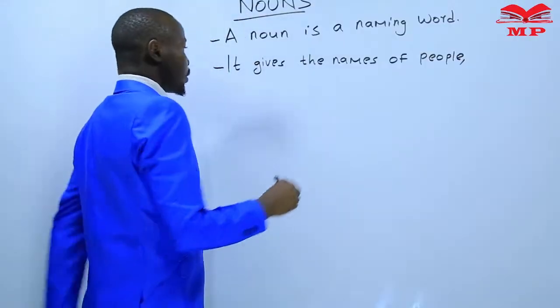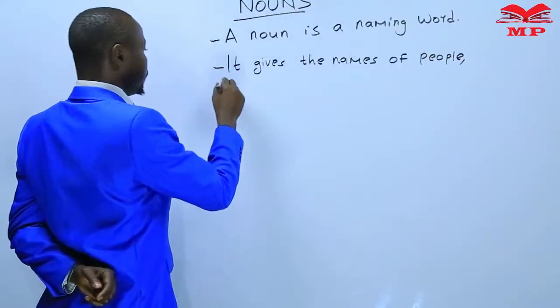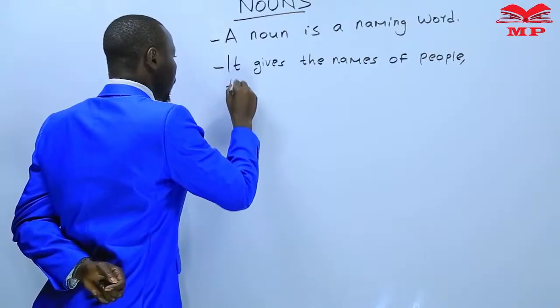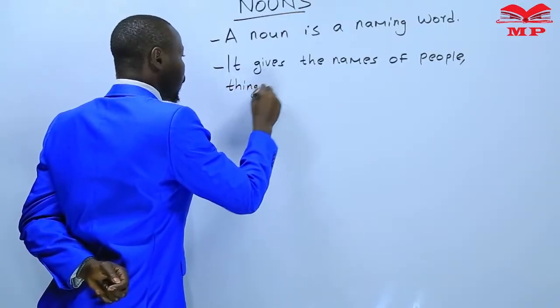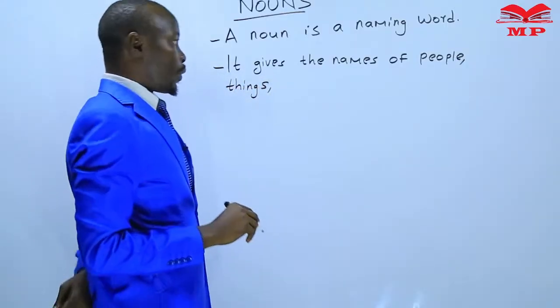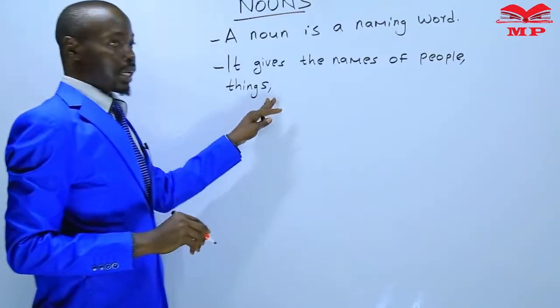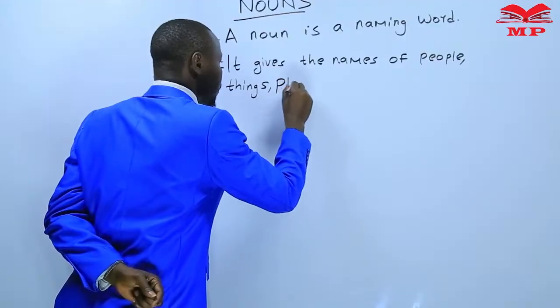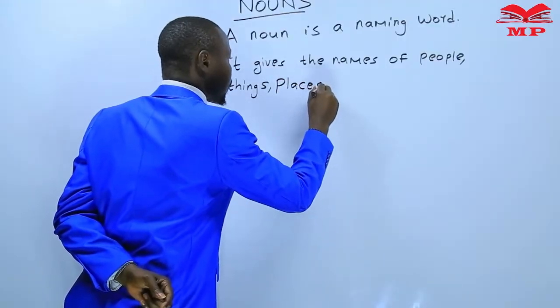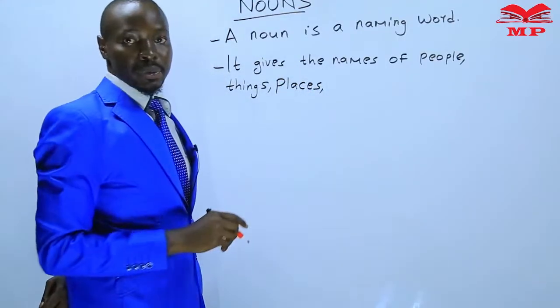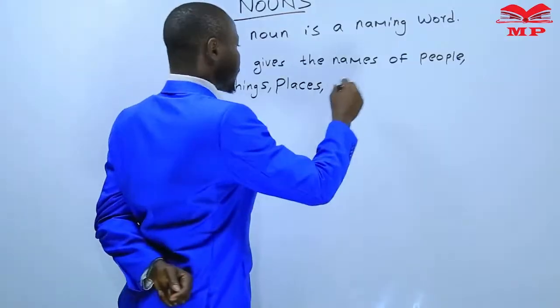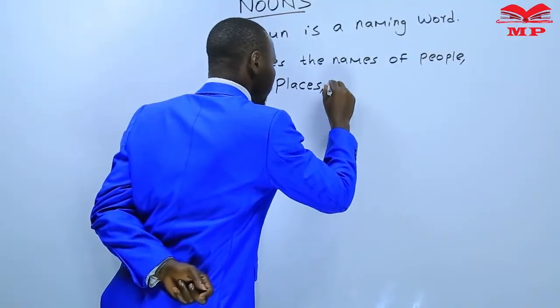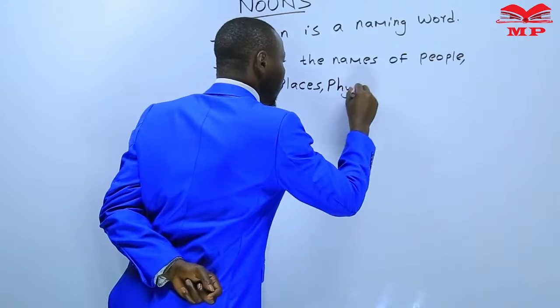After people, a noun can as well be used to name things. Once you've given the names of things, we can also be able to give the names of different places. So we have places. Apart from the places, we can also have the names of the physical features.